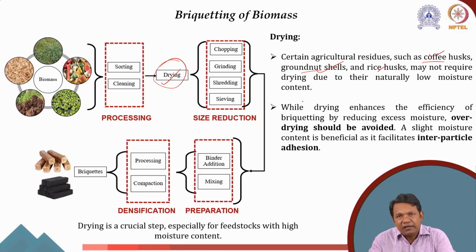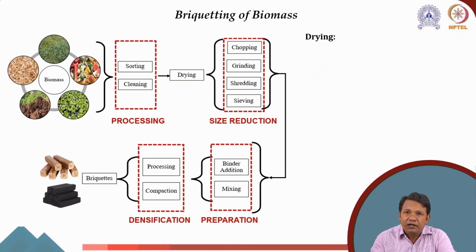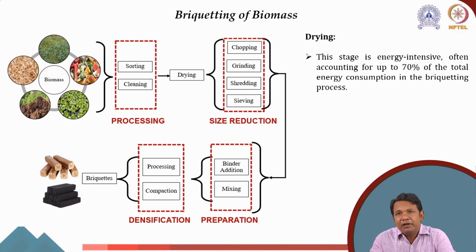But in most cases, drying is very, very important in order to remove the moisture. However, we don't remove 100% of the moisture. We keep some moisture in it so that it helps in adhesion of the particles to make the briquettes solid.